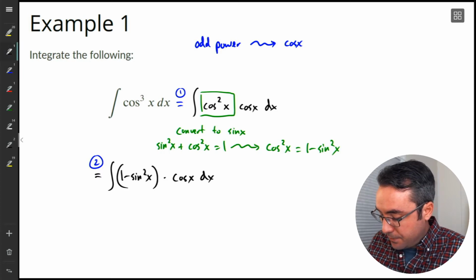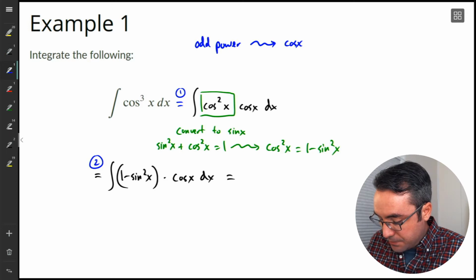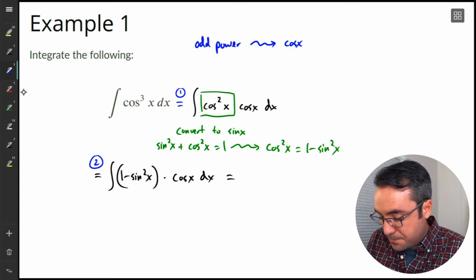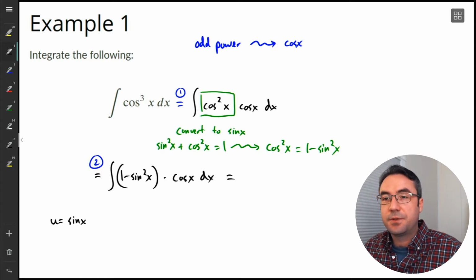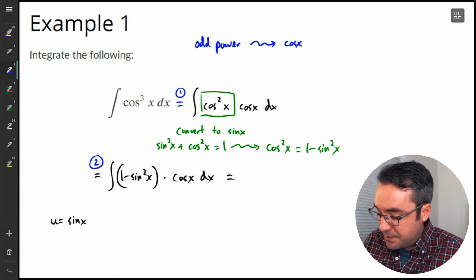Step 3, we're going to do a u substitution, and we're going to set u equal to sine of x. So we're thinking of the opposite trig function.